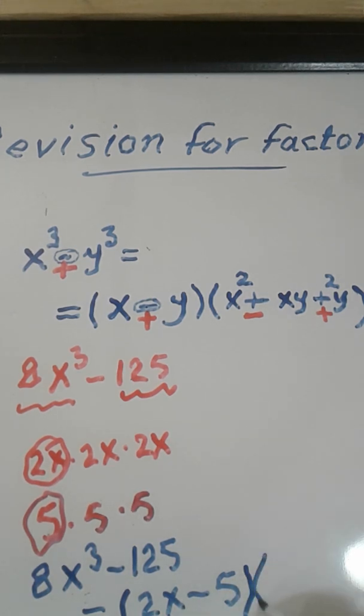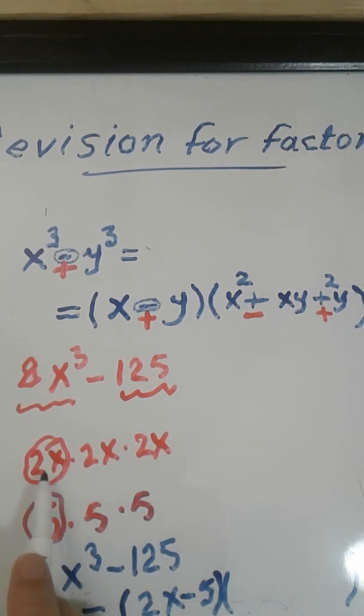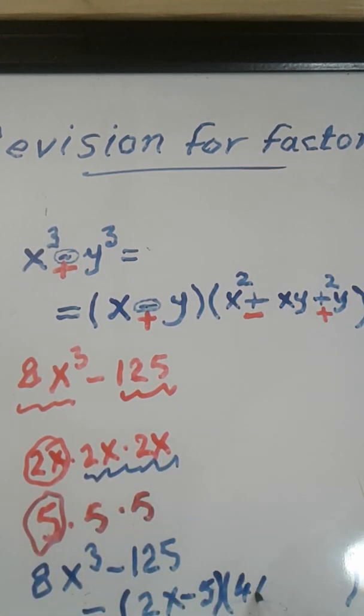And the other two brackets: when we take 2x, the remainder here is 4x squared. We write 4x squared. And we take 5 and the remainder is 25. Here we write 25.